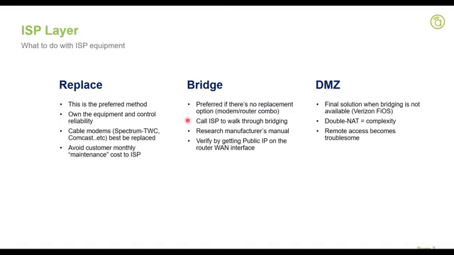So all you have to do is just make sure that you get the make and model of that combo. Call the ISP and their support staff, and tell them that you want to bridge it.